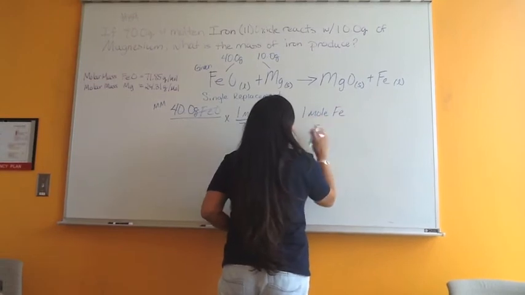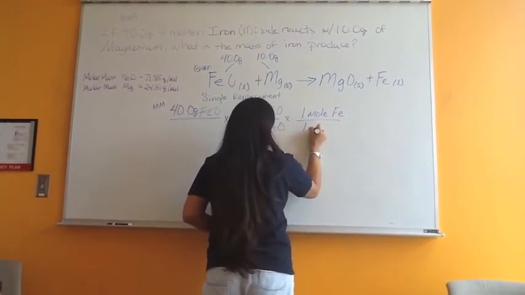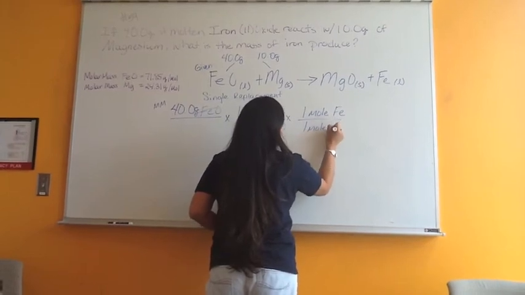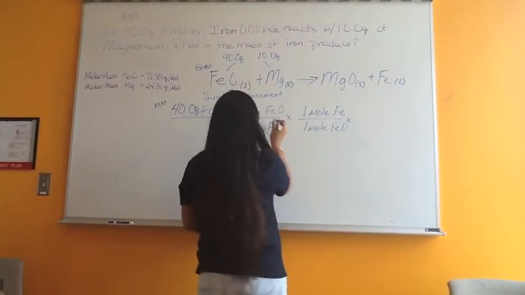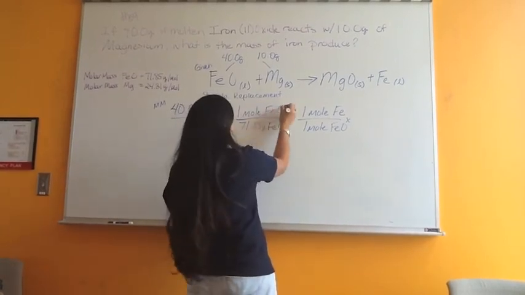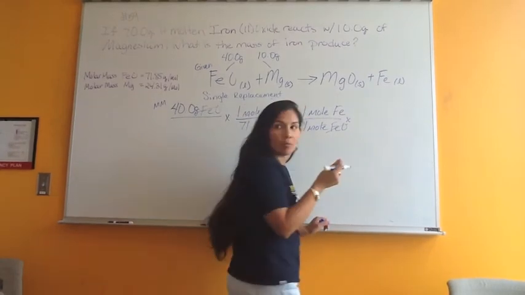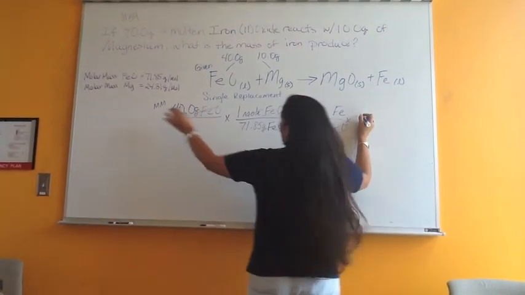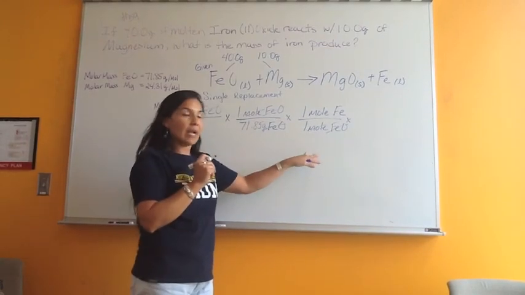We're looking for iron, so we're going to solve for iron right now, and it's going to be 1 mole of iron to 1 mole of FeO. Here you can see the coincidence, so we're going to cancel those out. They're the same, mole iron. Then we're going to use our calculations for iron.